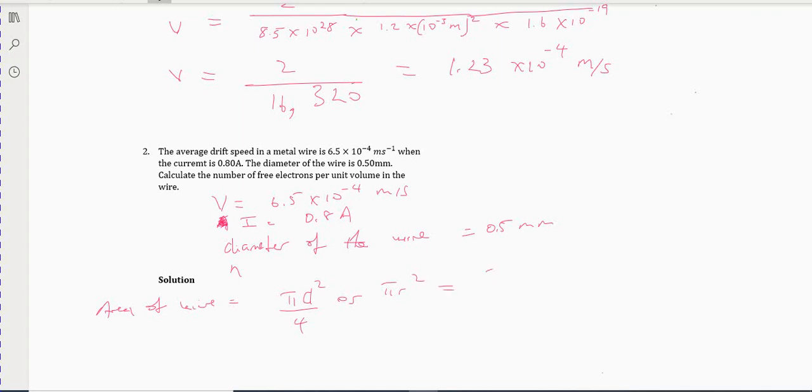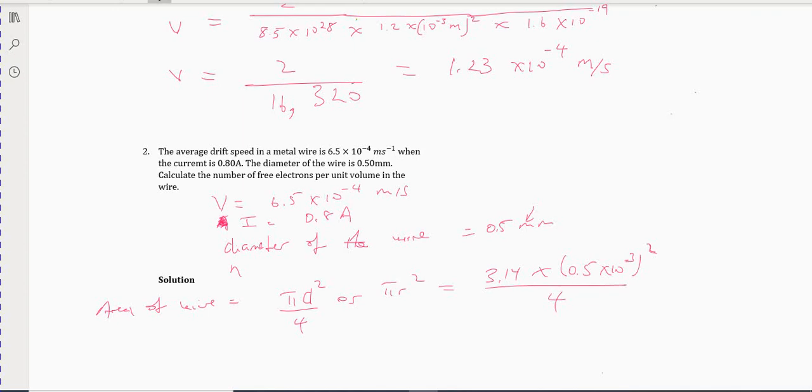So pi is 3.14 times the diameter, which is 0.5 times 10 to the minus 3. Minus 3 comes from millimeters. All of that is squared, and divided by the 4.